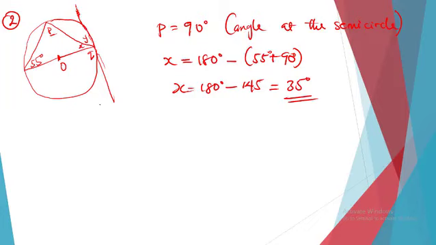Okay, now we have Q here. What's the value of Q? Q is equal to 90 degrees, since the tangent is perpendicular.